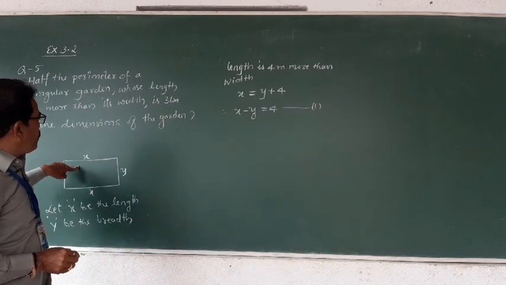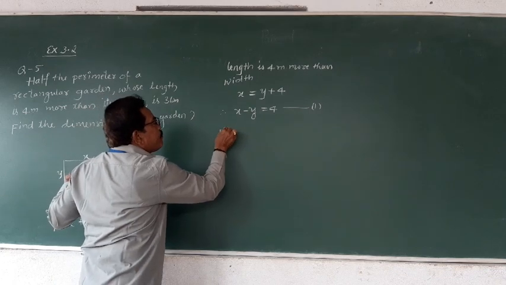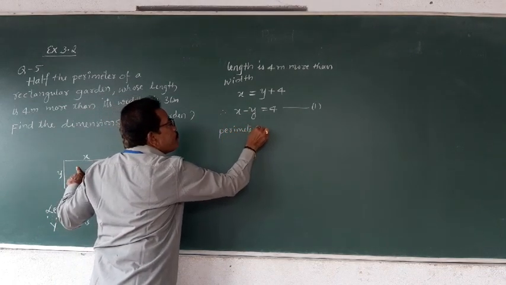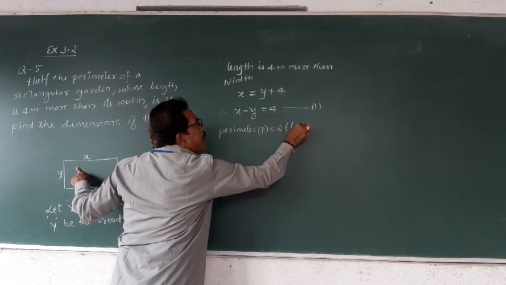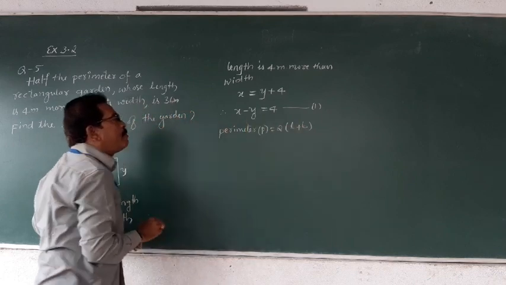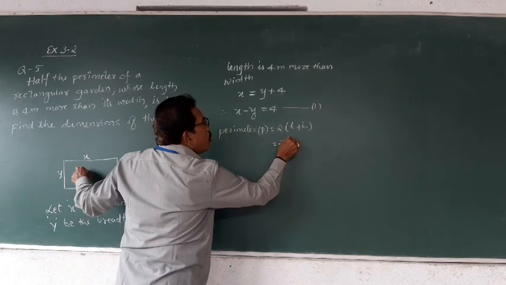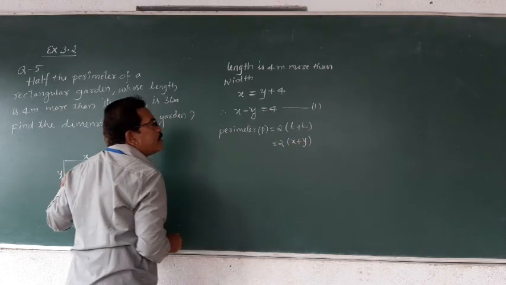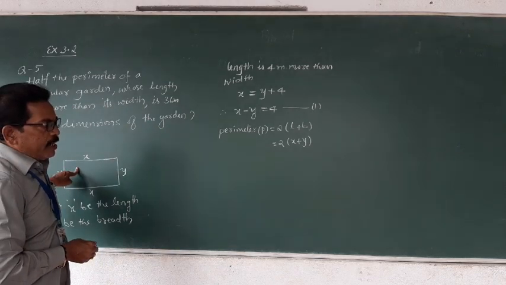Then let us find the perimeter of this rectangle. Perimeter P equals 2 in the bracket L plus B. This is the general formula of perimeter. So that equals 2 in the bracket x plus y.